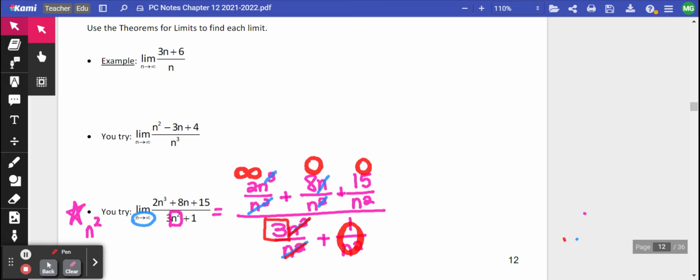So let's look at what we have here. Infinity plus 0, which is infinity, divided by 3 plus 0, which is 3. So as this number gets bigger and bigger, even though we're dividing by 3, it's still going to approach infinity.